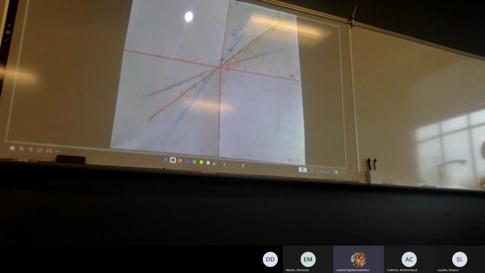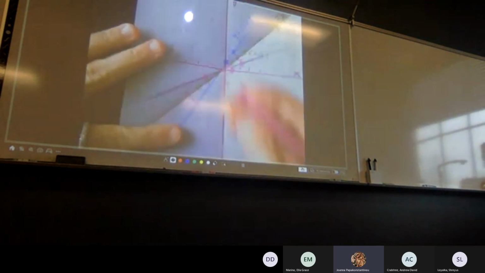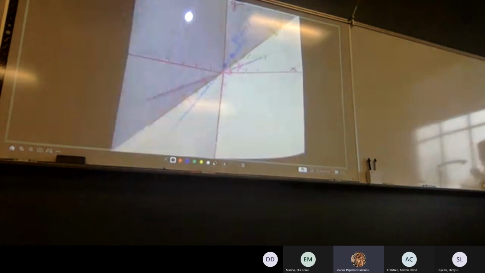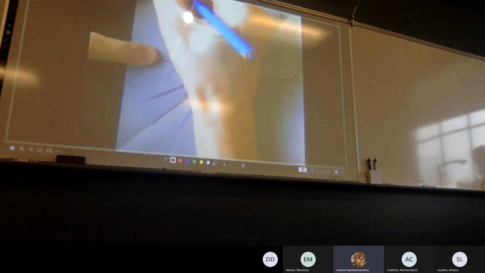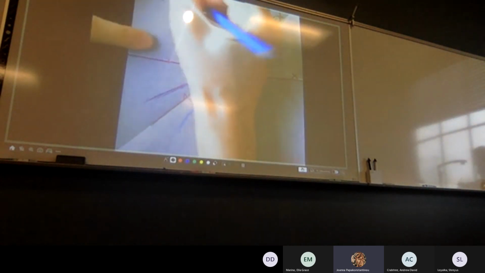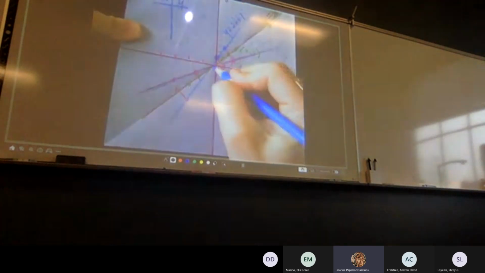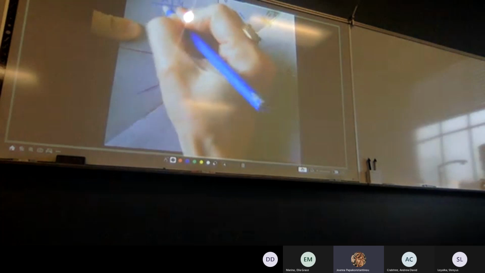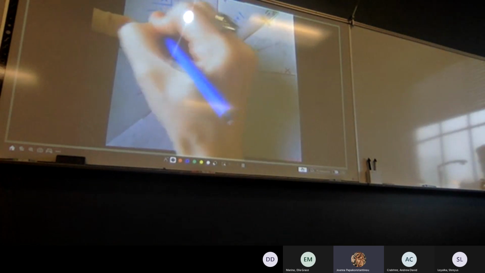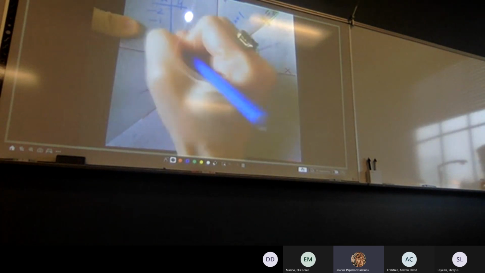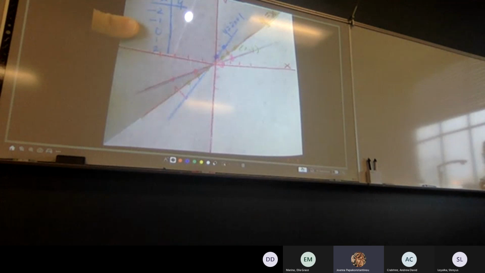So what I want you to do is finish this investigation. You're going to make 2 tables of x and y values. The first is a table for the function y equals 2x plus 1, so I'm just taking x values, 0, 1, 2, 3, negative 2. I don't care which ones you choose. Find their y values.